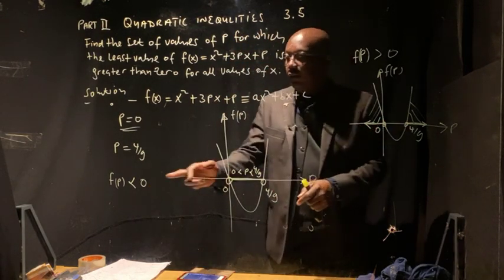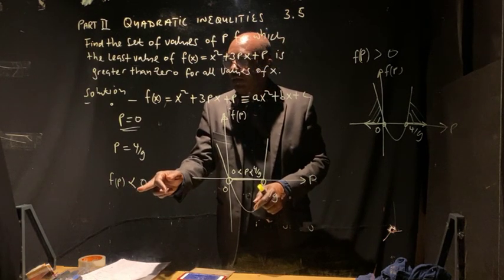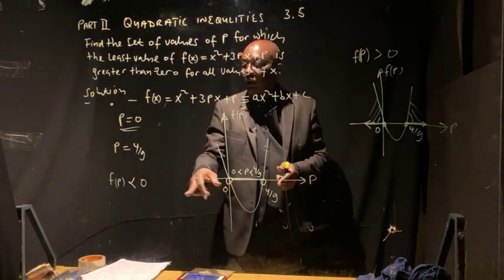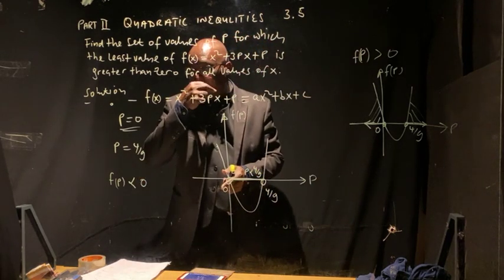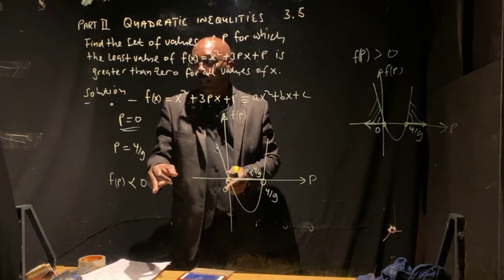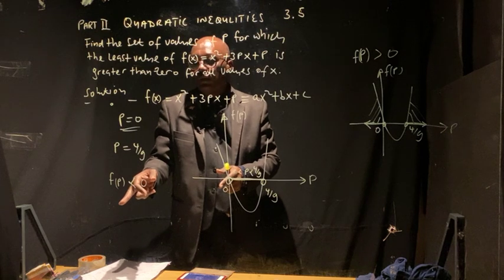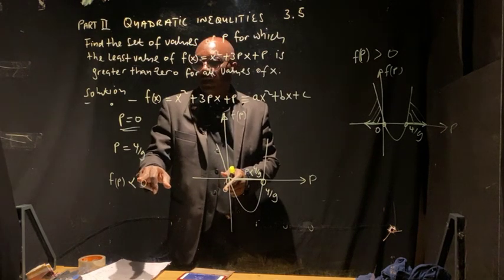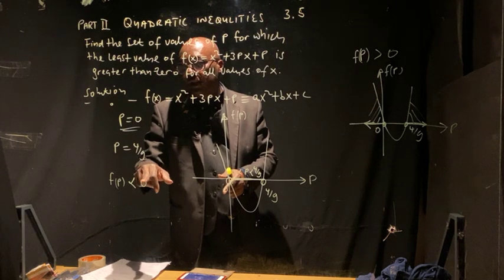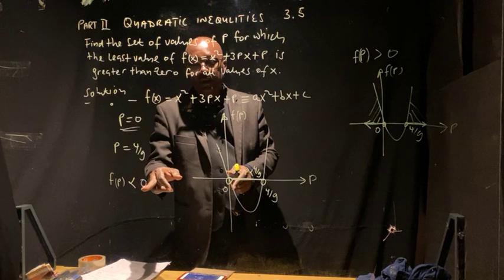Yeah. So, we have now found that f of p, in fact, as we multiplied from the previous session, if you go through your notes from the previous session, because the coefficient of p squared was negative, we multiplied both sides by -1, and as soon as we multiply both sides by -1, the sign changed from greater than to less than, which is f of p is less than 0.